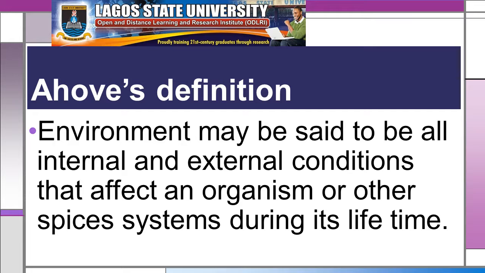So as long as that species is in existence, it has an environment. But once that species is no longer in existence, it has no other environment. It's dead. It's come to an end. Quite interesting. We are defining the environment in terms of a living organism.